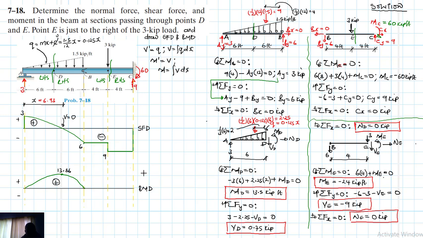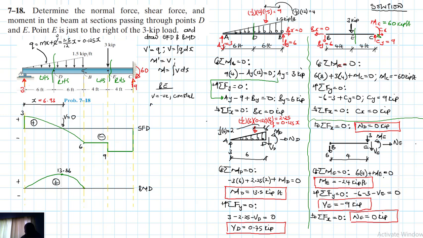So let's draw the moment diagram from B to E. From B to E, the slope is shear, which is negative and constant.